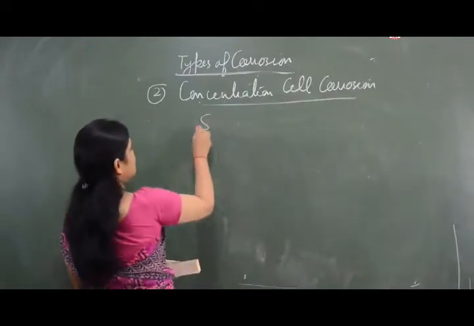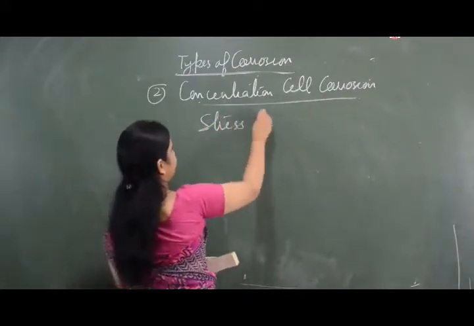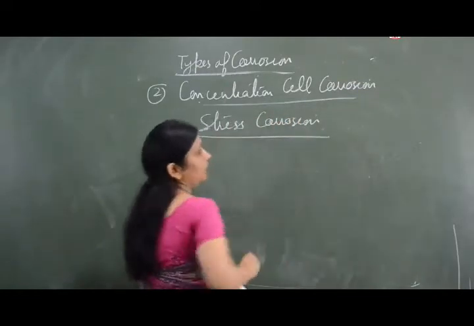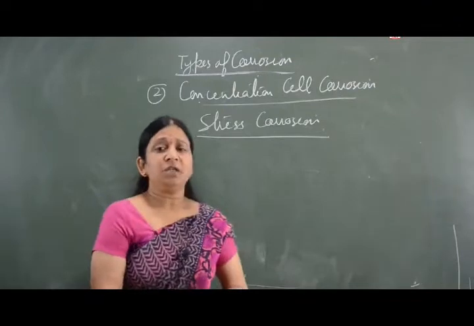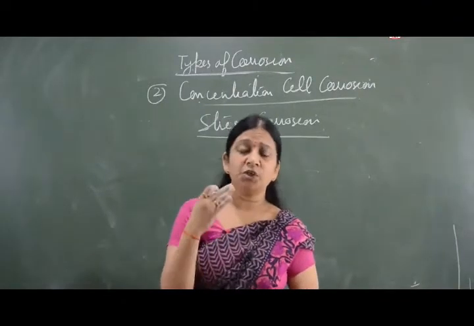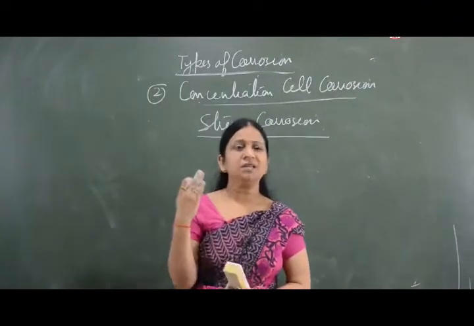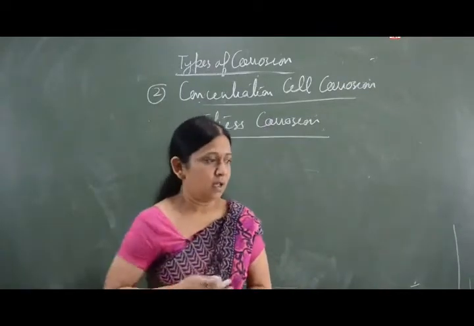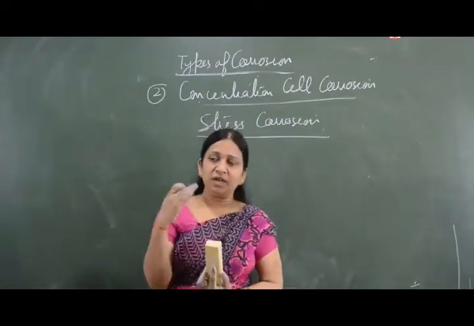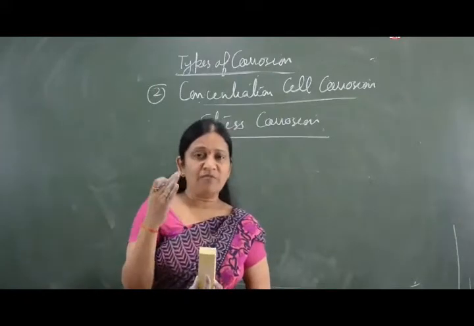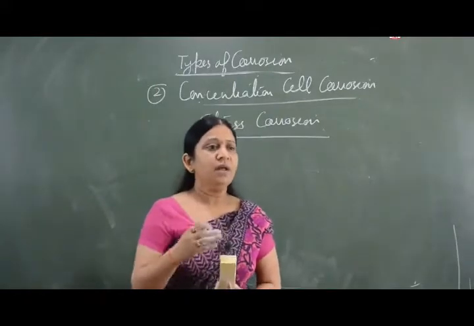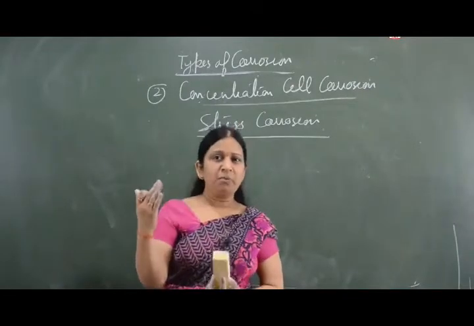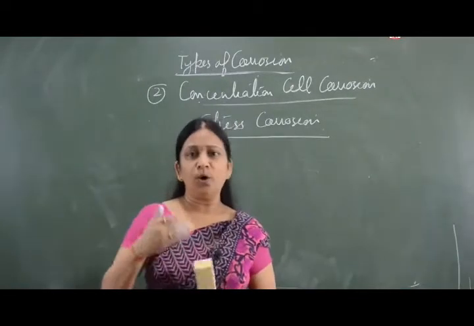Next we have stress corrosion. Stress corrosion normally takes place in metals which are fabricated, or fabricated articles. Whenever articles are fabricated or decorated, they are subjected to a large amount of stress. It may be because of temperature or pressure.